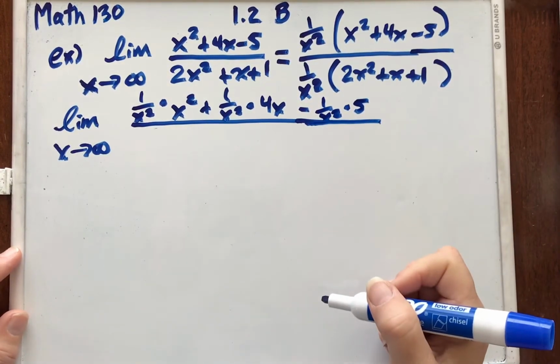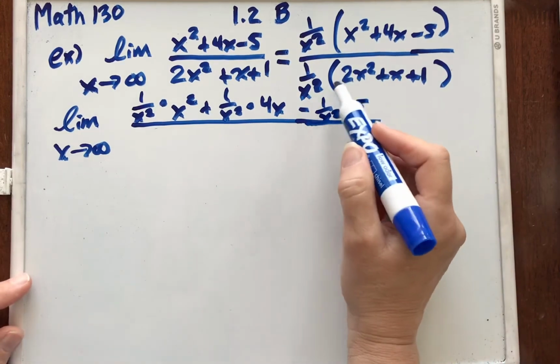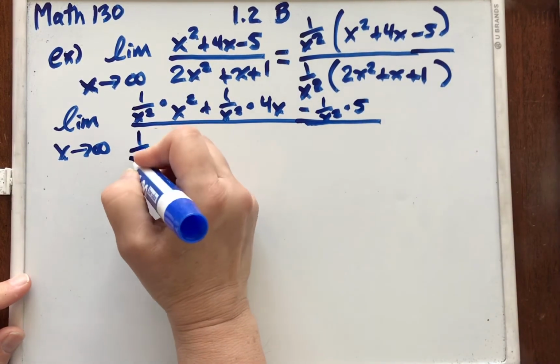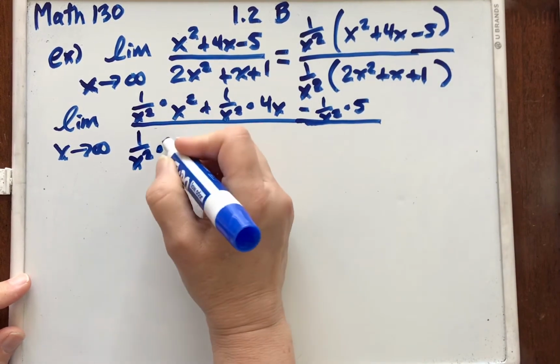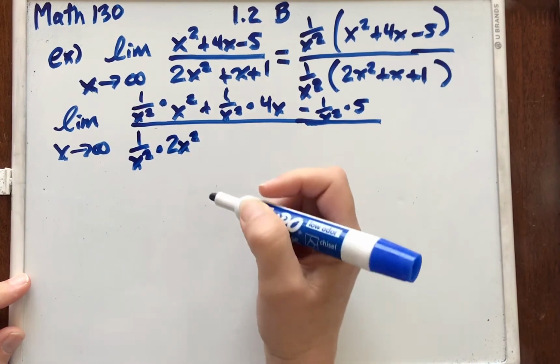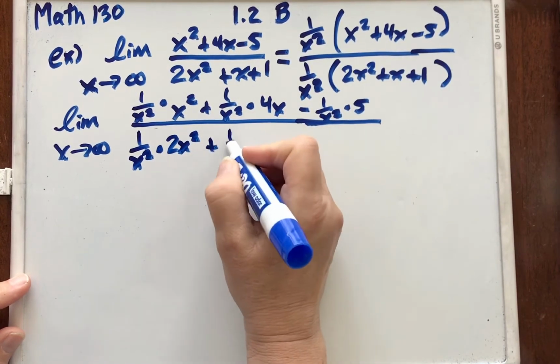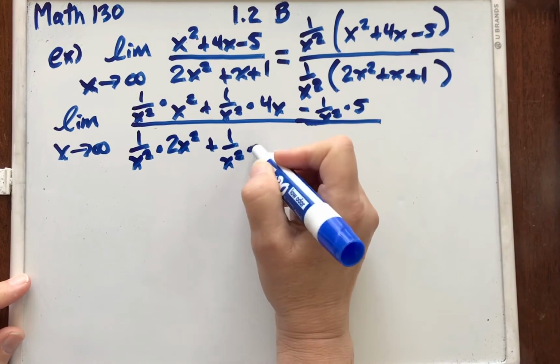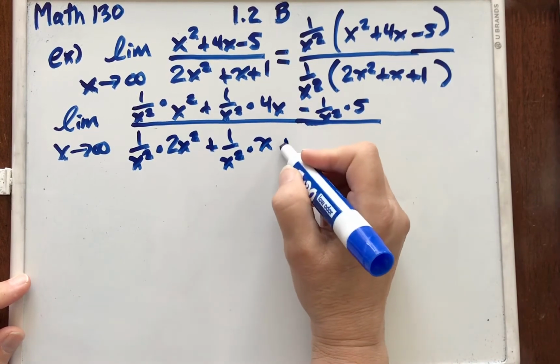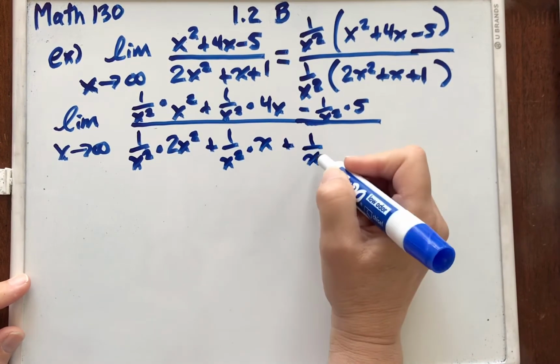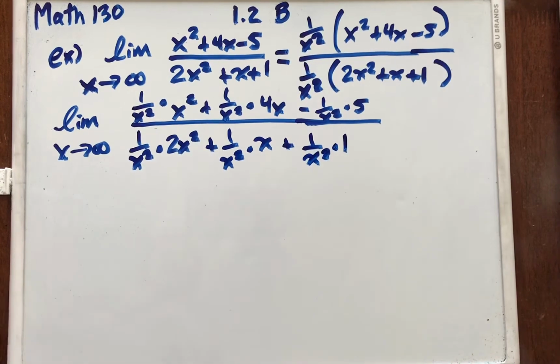There's the numerator. Let's do the same thing to the denominator: 1 over x squared times 2x squared, plus 1 over x squared times x, plus 1 over x squared times 1.